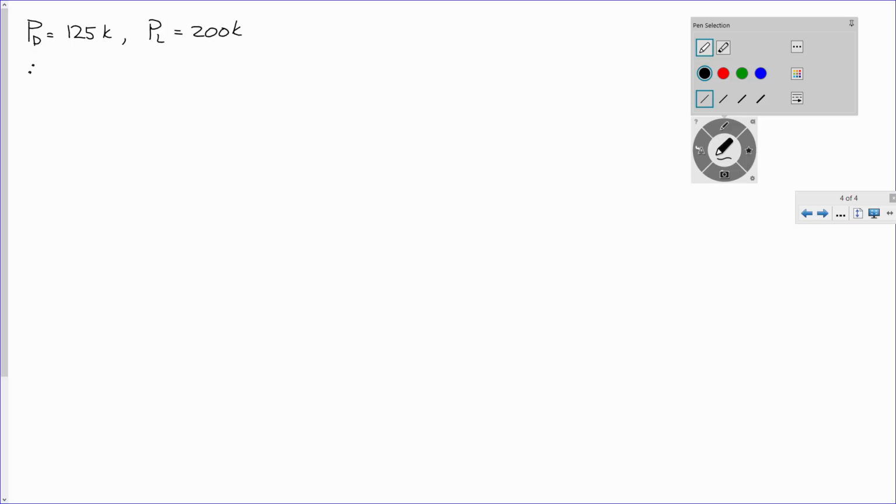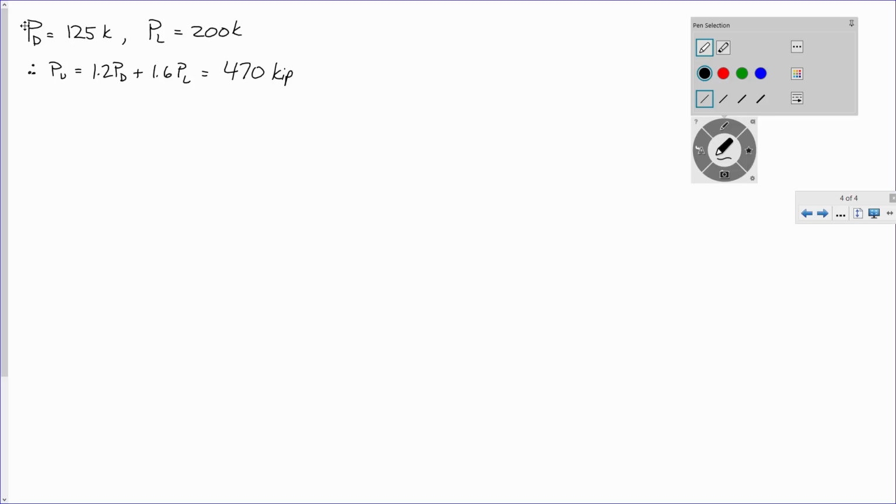So therefore, we can calculate a factored PU doing what? 1.2, and I have a feeling you all can plug those numbers in. 1.2 times 125, 1.6 times 200 comes out to be 470. So far, so good?